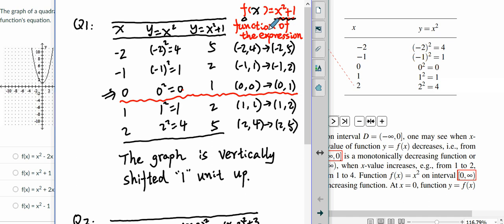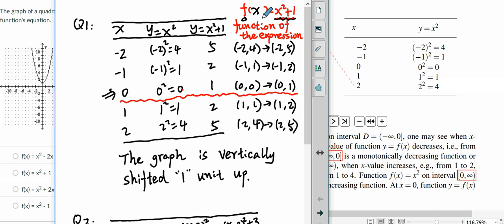F stands for the function, this word, and of which expression, x squared plus 1. And x stands for the variable in this expression, x squared plus 1.